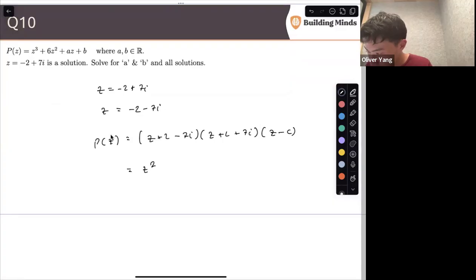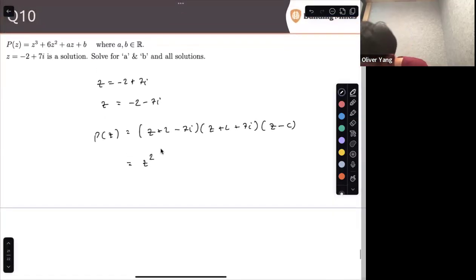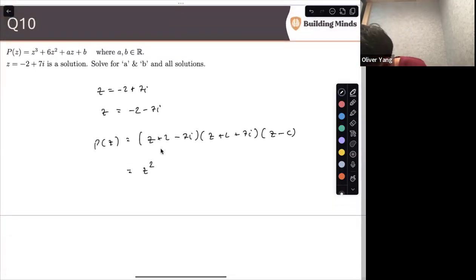So this would be Z squared. What's this number? Our teacher doesn't factorize complex numbers by inspection. Well, sucks to suck, right? But anyways, this becomes Z squared and then 2 minus 7i multiplied by this equals, what's this? I can't do it in my head, apparently.